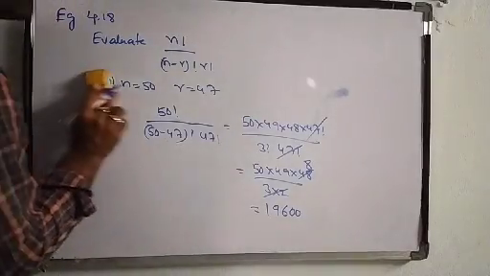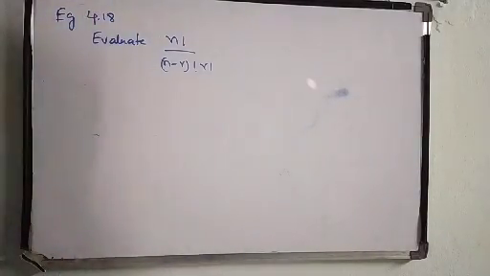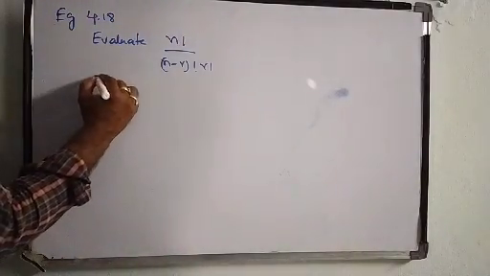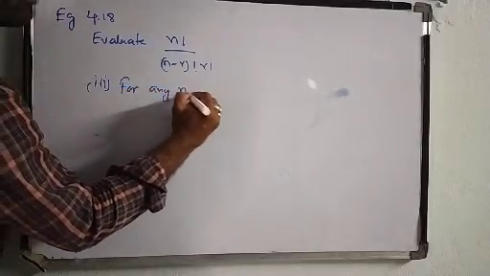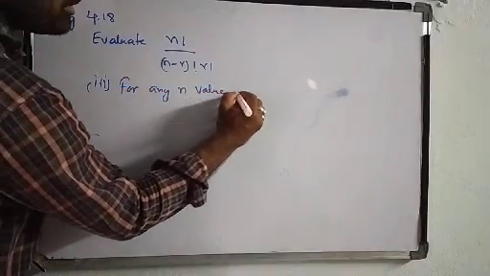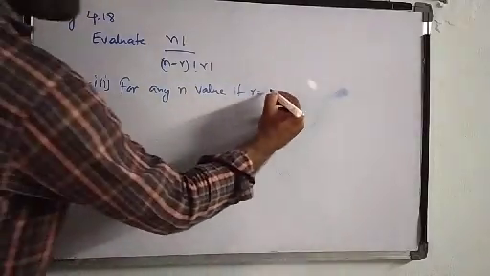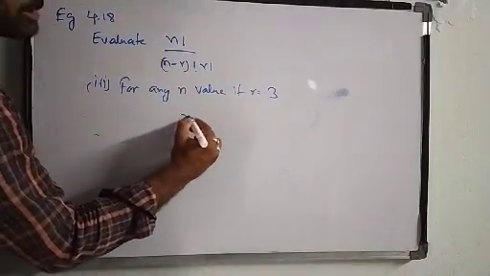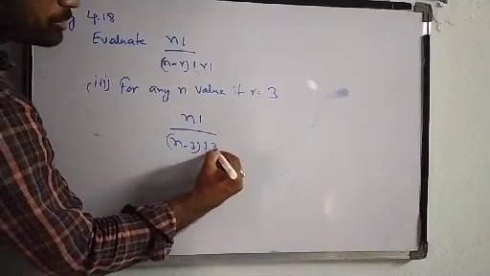Next let us look at the third subdivision in the same question. In the third subdivision, for any n value, if r is equal to 3, it is n factorial by n minus 3 factorial into 3 factorial.